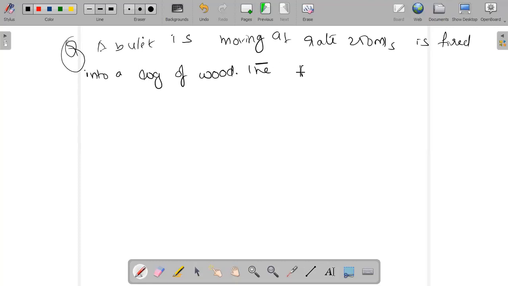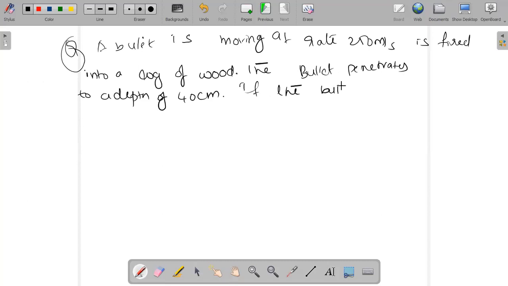The bullet penetrates, penetrate means it goes into the wood, to a depth of 40 centimeter.